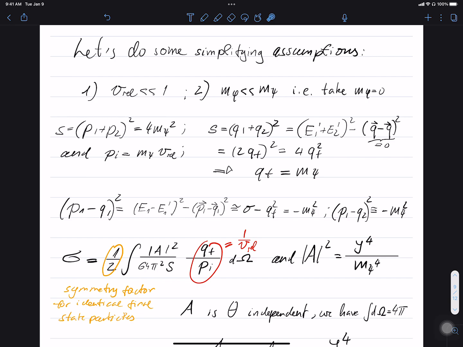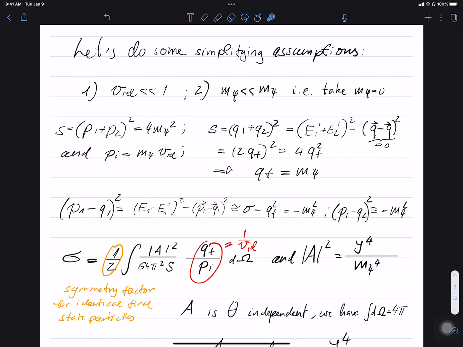But S is also equal to (q1 + q2) squared, right? Because the total energy is conserved. The momenta of the final states are exactly equal and opposite, because we assume that the two particles here annihilate basically at rest, neglecting the velocity. So the initial momenta are 0, and the final momenta of the outgoing phi particles have to cancel exactly.